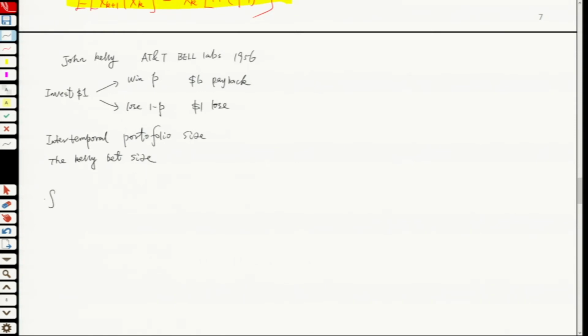The optimal solution is based on the current money you have. It's the ratio you are going to invest, F equals (PB minus (1 minus P)) divided by B. In the previous case, if B equals 1, then F equals 2P minus 1. This is a ratio.